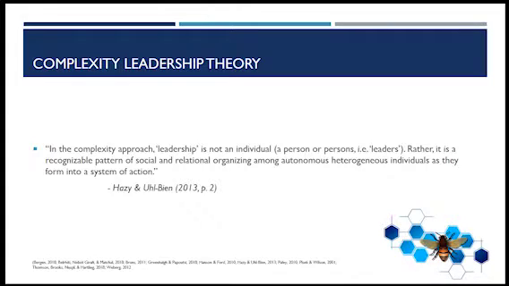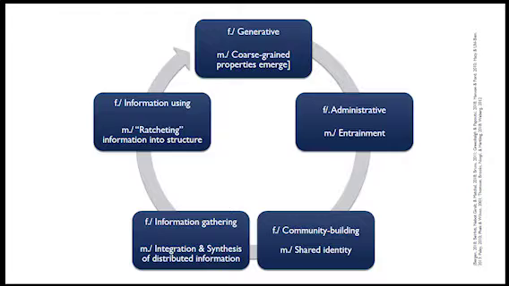In complexity leadership, leadership emerges from processes and interactions that take place within the system rather than residing within individuals. Leadership is situated within process-based functions, and Hazy and Uhl-Bien have identified 5 different types of functions. These include generative, administrative, community building, information gathering, and information using.